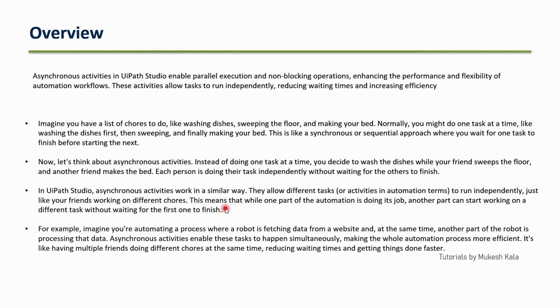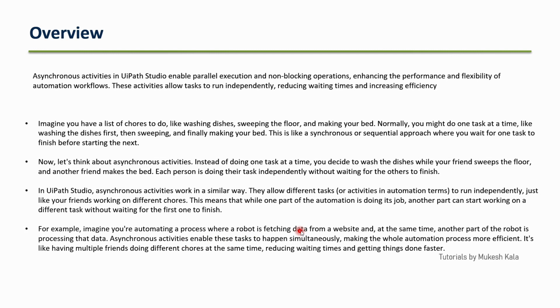Now to give an example, let's say you are automating a process where the robot is fetching data from a website. While downloading the data, the robot takes, let's say, 1 minute, 2 minutes, or 5 minutes. At the same time, the robot is free, so it can do some other task, maybe write the data in the background or copy some data from an API and paste it in an Excel.